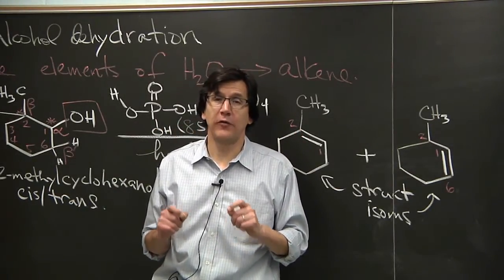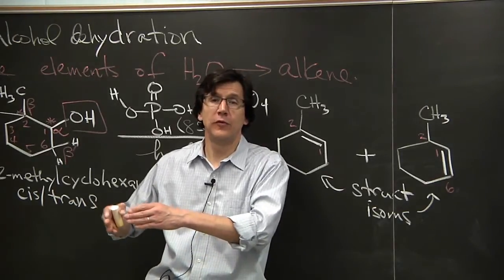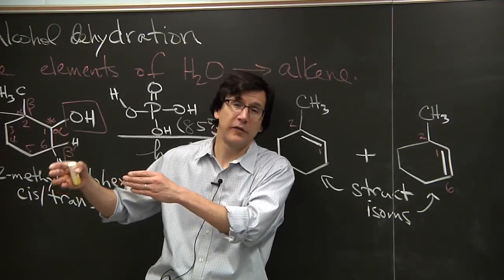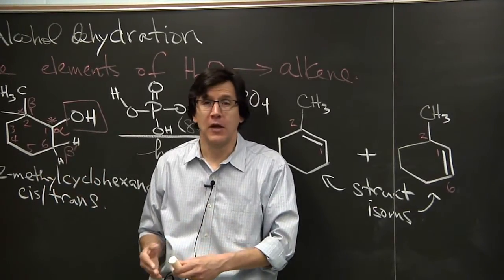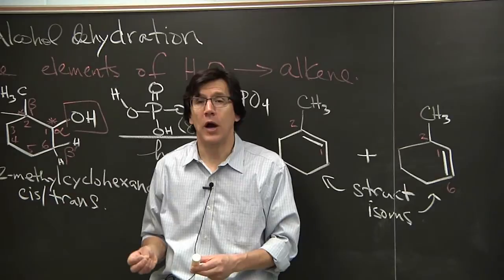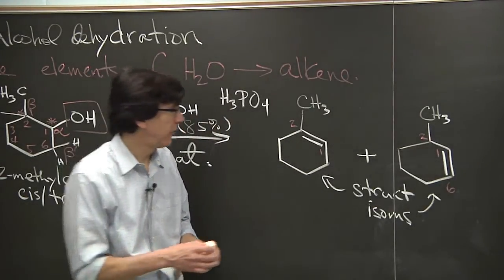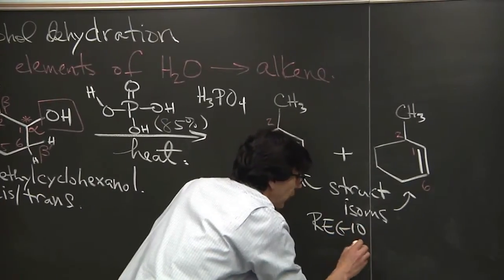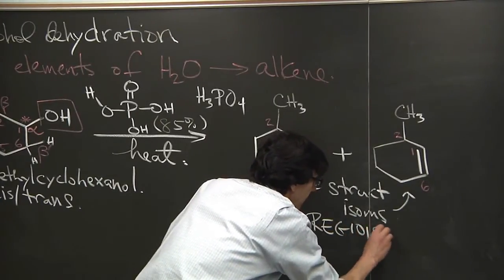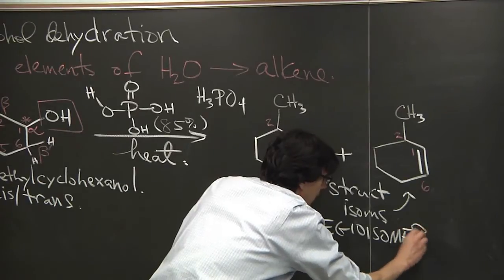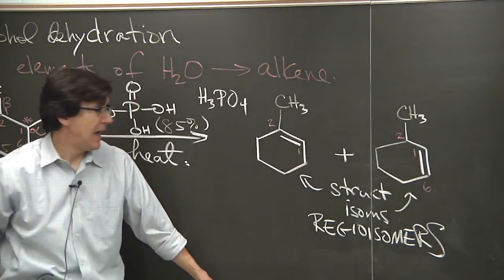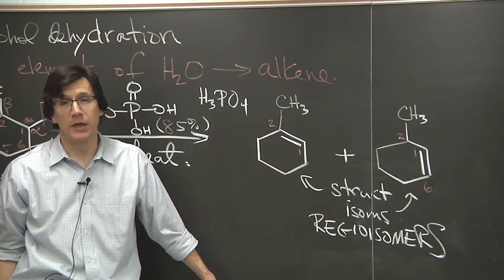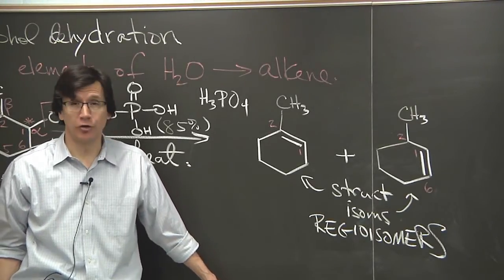But these types of structural isomers that are formed from a single starting material through a set of related reactions, these are known as regioisomers. So regioisomers are a subcategory of structural isomers. Okay? And so that's what we could call these. That's probably the best way to describe the relationship between these two structures.